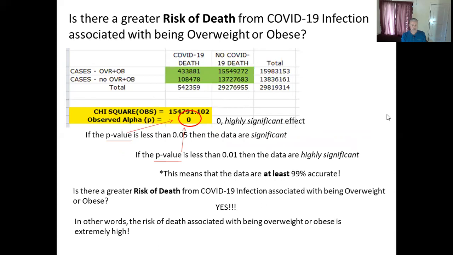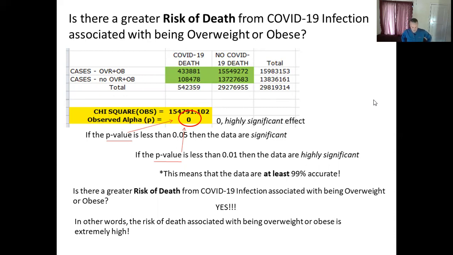We then looked across time at the COVID-19 statistics and death, and we found that people who were overweight or obese were emerging as a more significant group who were actually dying.